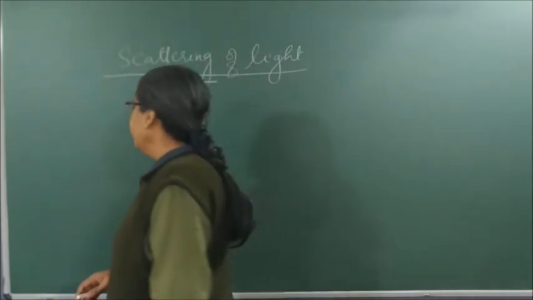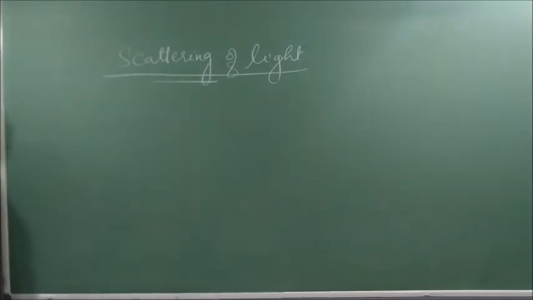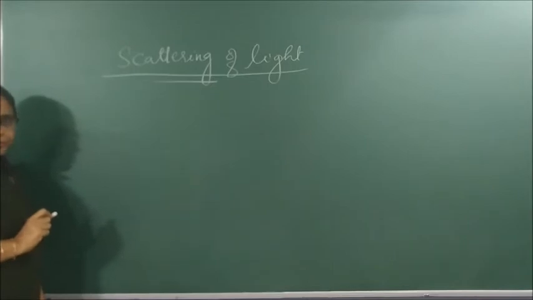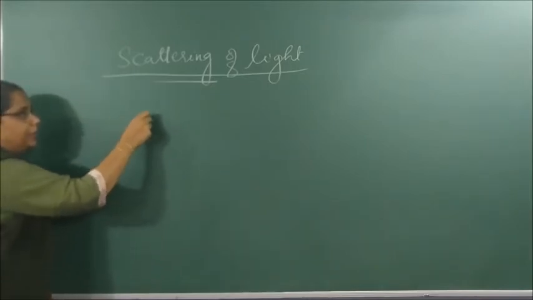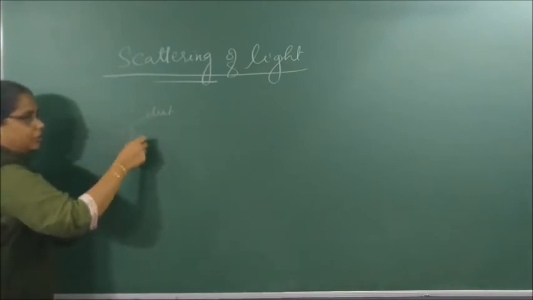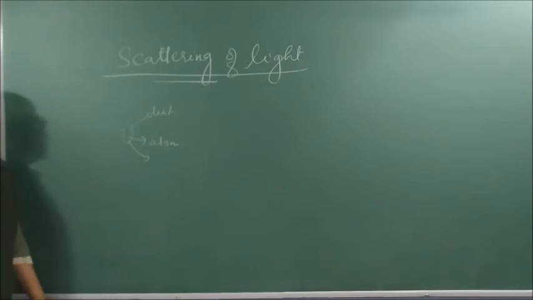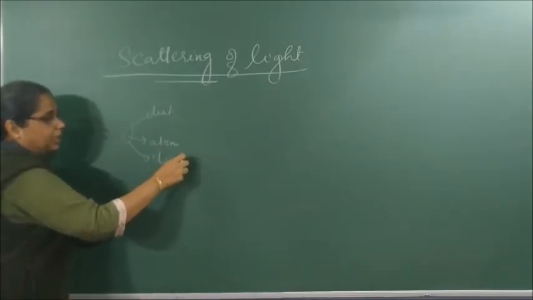Okay, what do you mean by scattering of light? Scattering of light basically means that when light travelling hits any object, maybe a dust particle, maybe an atom, then what happens?